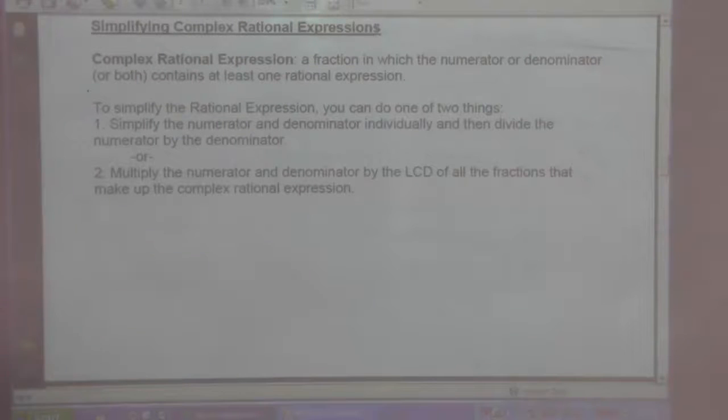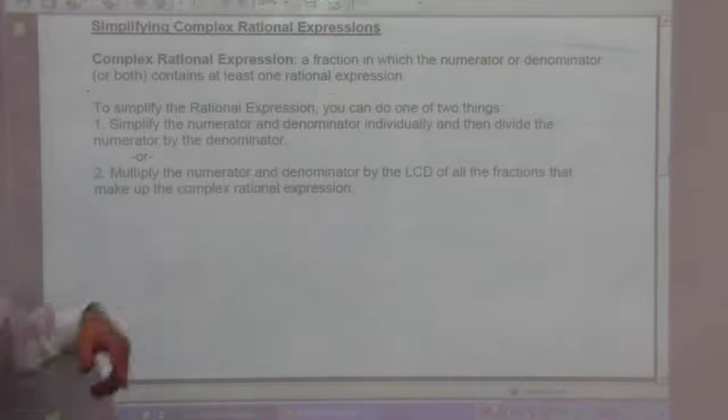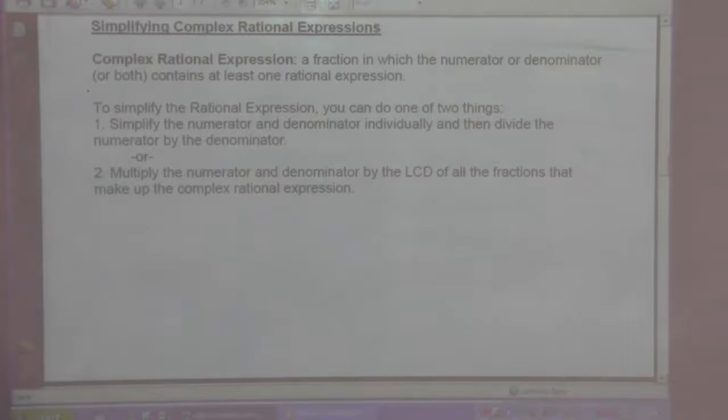To simplify one, you can do one of two things. One is to simplify the numerator and denominator individually, and then divide the numerator by the denominator. Or multiply the numerator and denominator by the LCD of all the fractions that make up the complex rational expression.